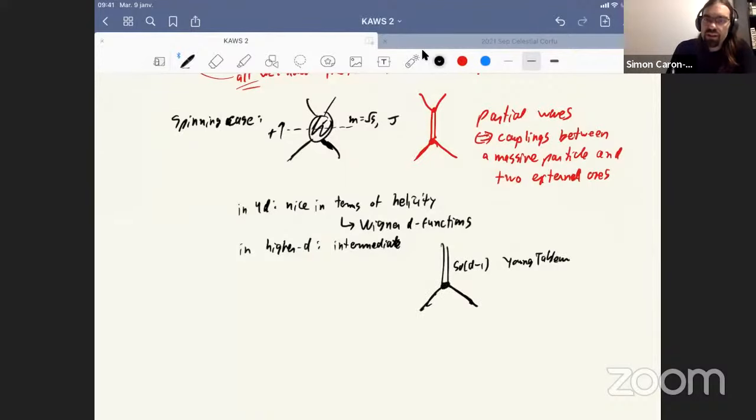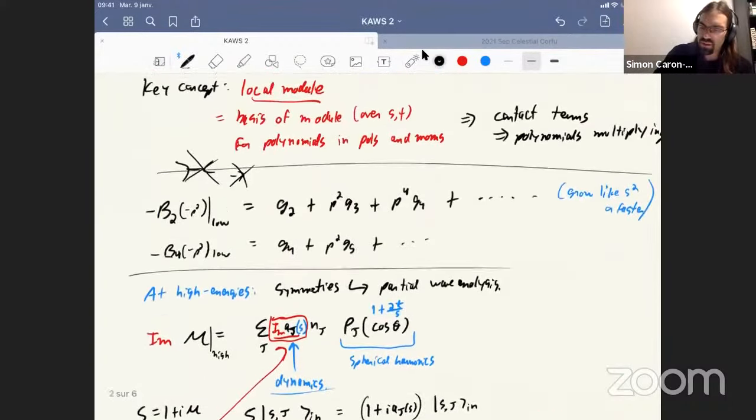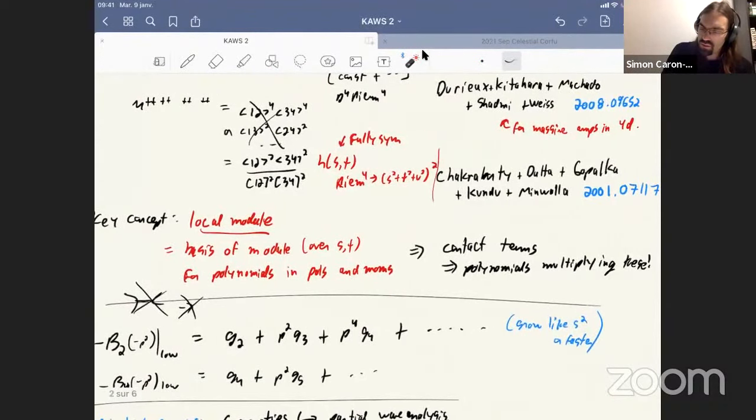Depending on whether they're massless or massive, it gets more complicated. But the case needed for photons and gravitons has been analyzed in this nice paper here.